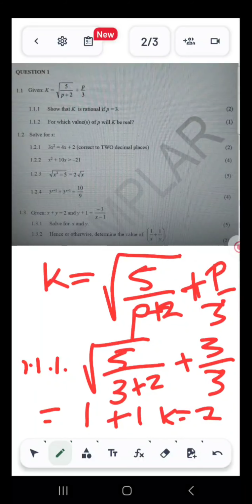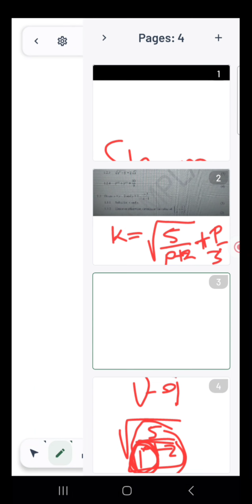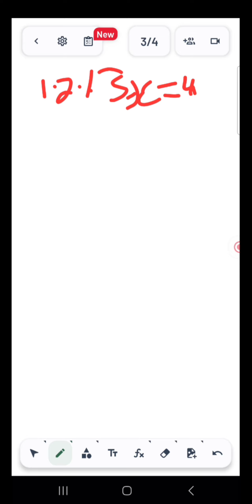The next question says solve for x. Solve for x if you are given 3x squared plus 4x plus 2. So we are going to solve for x if we are given 3x squared equals 4x plus 2.